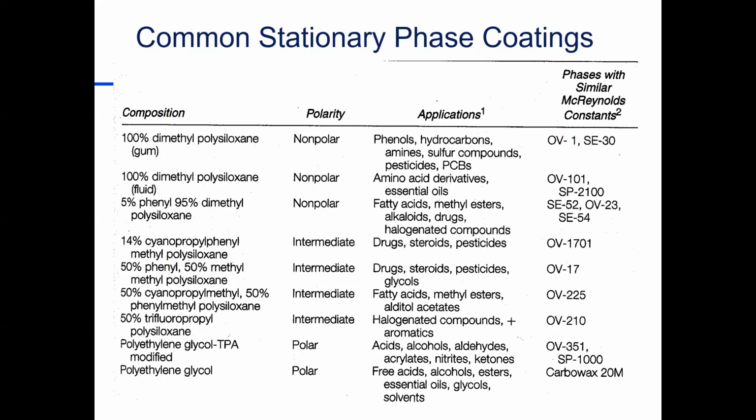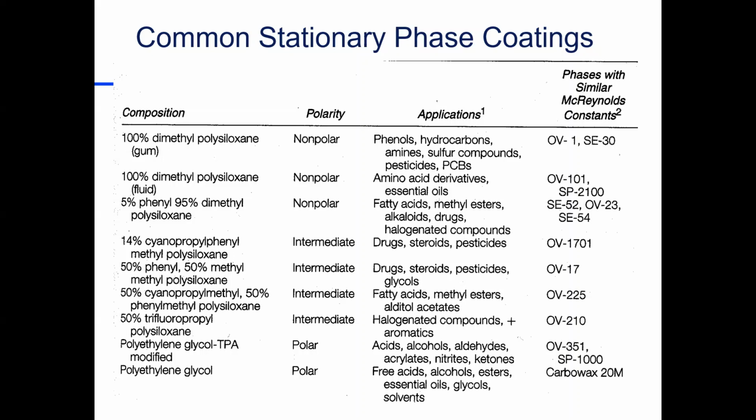And so that 200 has kind of boiled down to 1, 2, 3, 4, 5, 6, 7, 9 coatings. So this is the materials put inside of this silica column. Dimethyl polysiloxane is really the true workhorse of this field. That's number one by far.